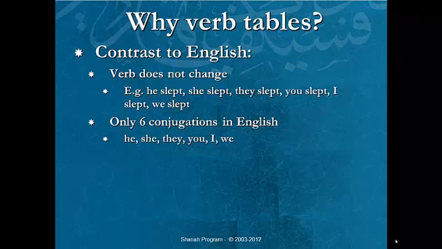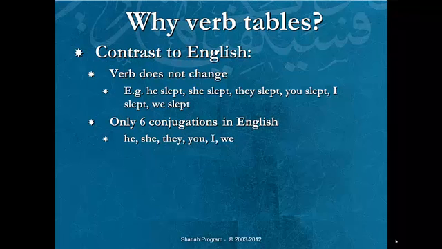In English, the verb does not get impacted by the change in the gender, the plurality, and the person of the one doing the verb. It stays the same. This is why there's no emphasis on tables in English. And the other reason is that the number is very small, only 6 of them. It's the opposite of these two reasons in Arabic that warrant a heavy emphasis on verb tables.